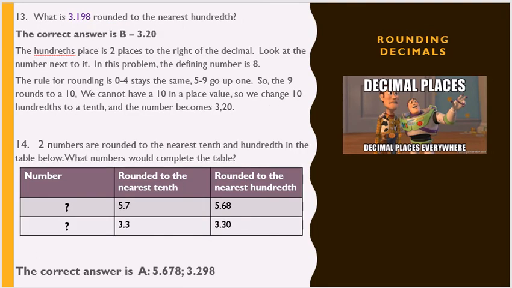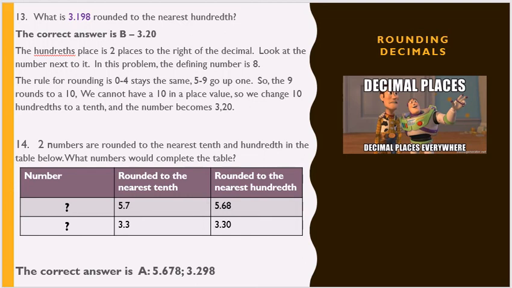So, here are the answers to questions number 13 and 14 on rounding decimals. What is 3.198 rounded to the nearest hundredth? Well, the correct answer was B, 3.20. When you're looking at your number, the hundredths place is 2 places to the right of the decimal. So look at the number next to it.